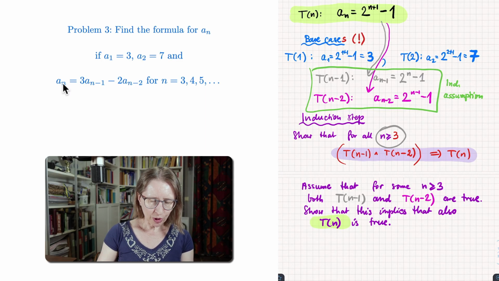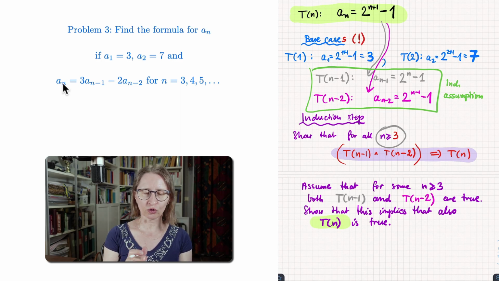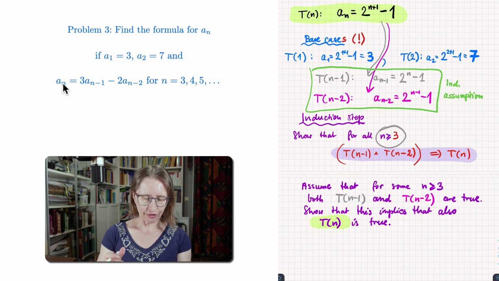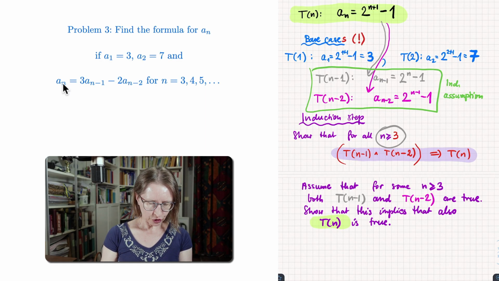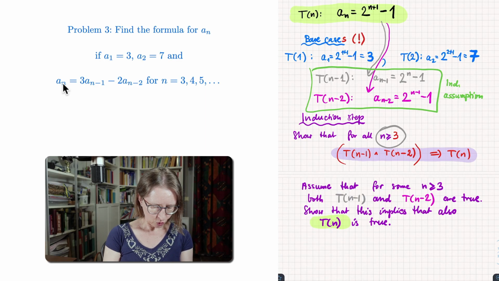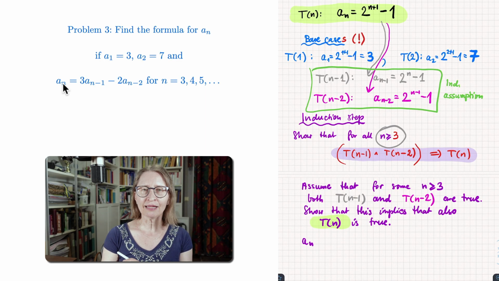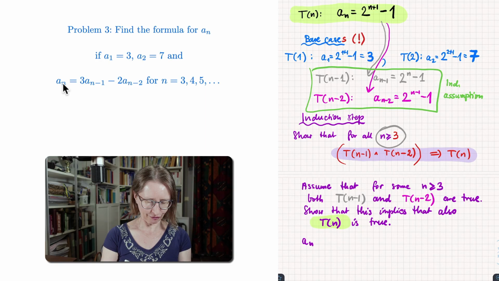Okay, so our purpose is to prove that this green formula holds for this n for which we know that T of n minus 1 and T of n minus 2 are both true. So now I have to show that a n is expressed exactly as in this green formula here above.